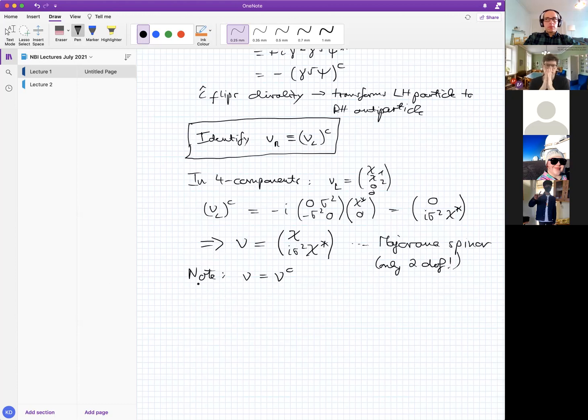And now this allows us to write down a new type of mass term, namely a Majorana mass term, which looks like the following. There's a factor of 1/2.